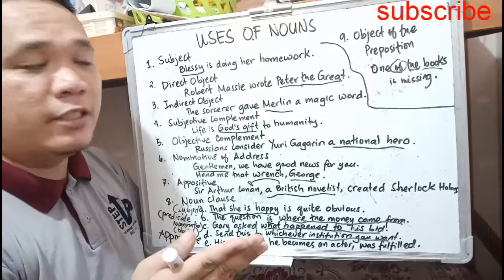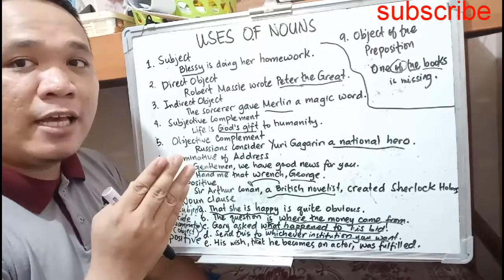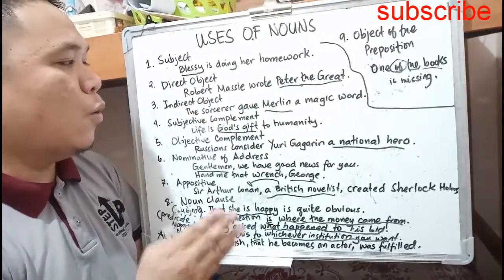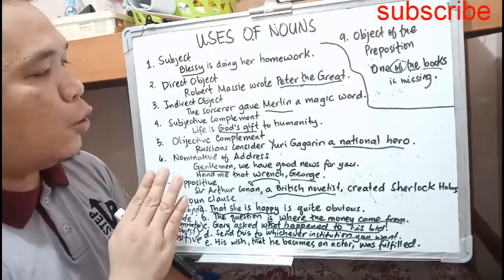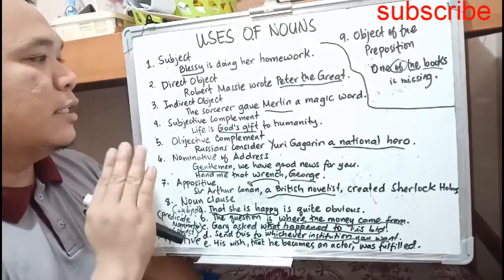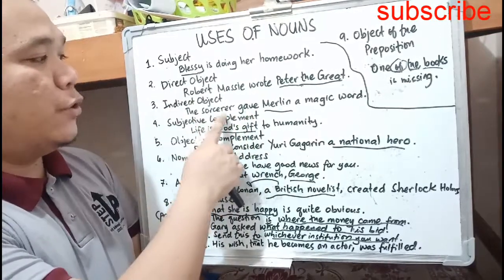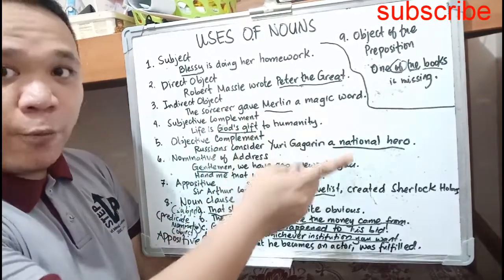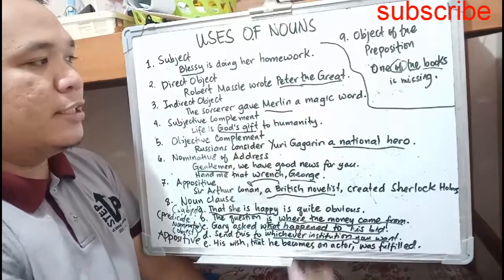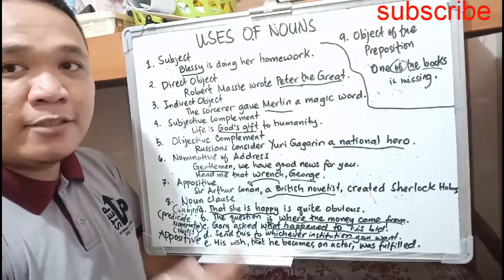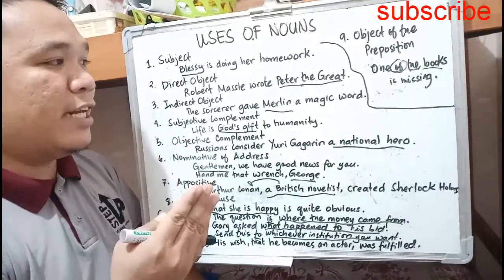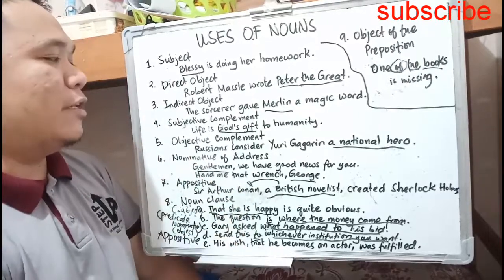A magic word. So you may ask the question, what or to whom did the sorcerer give a magic word? Merlin. So Merlin was given a magic word by the sorcerer.